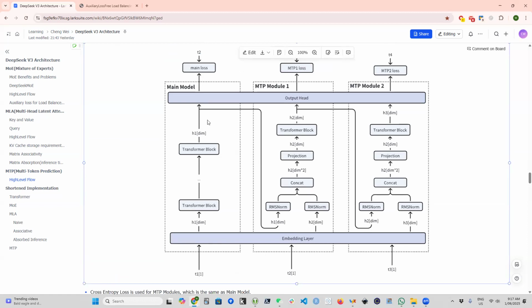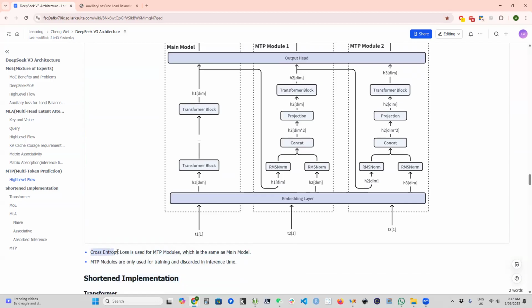This hidden DIM coming out of here goes through the norm layer. But also the T2, for example, we are doing this sentence at the moment.